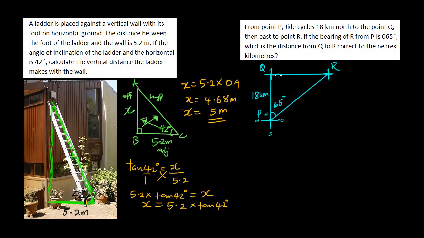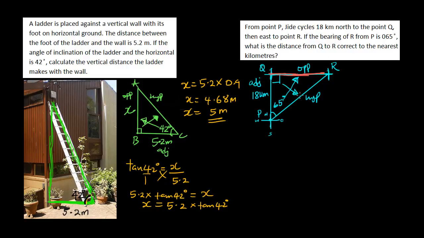From here we can bring out the right angle triangle. The triangle PQR is a right angle triangle. This side is the hypotenuse. The side facing the angle is called the opposite side, and the other side is the adjacent side. We're asked to find the distance from Q to R, which is the opposite.